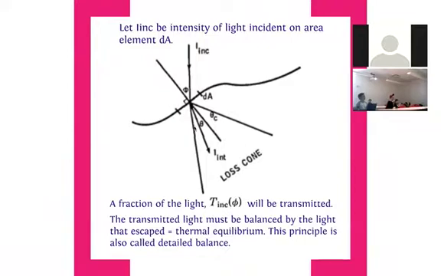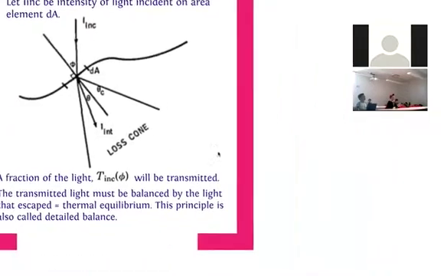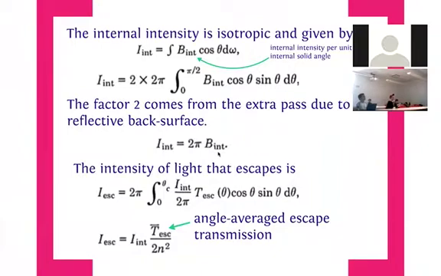It's very simple; it's essentially conservation of energy. In other words, the amount of light that enters the system should equal the amount of light that leaves the system, because the temperature of the system is remaining constant. It's steady state, it's in equilibrium. So we're going to apply that principle mathematically.